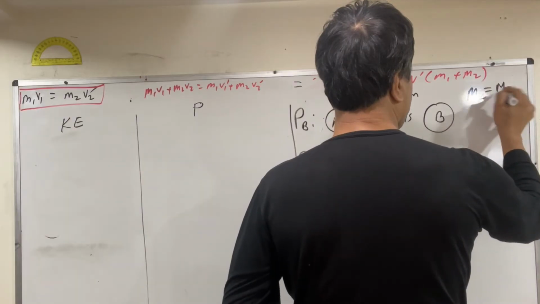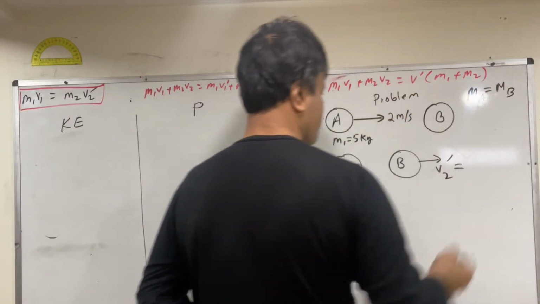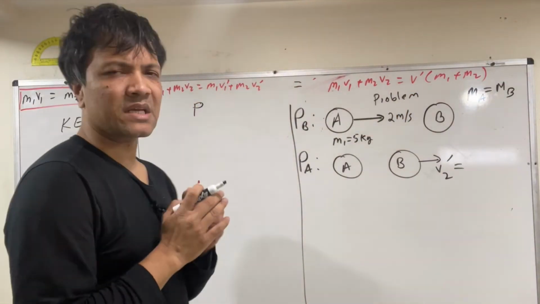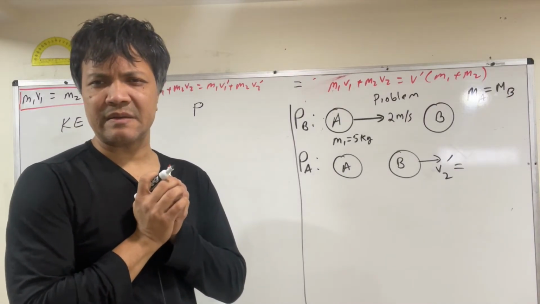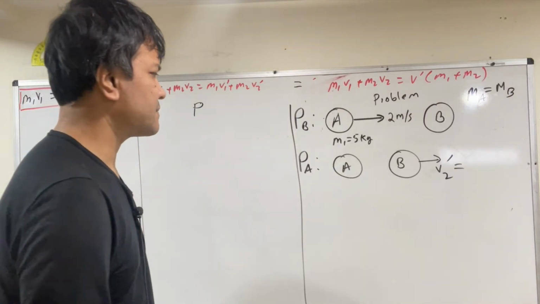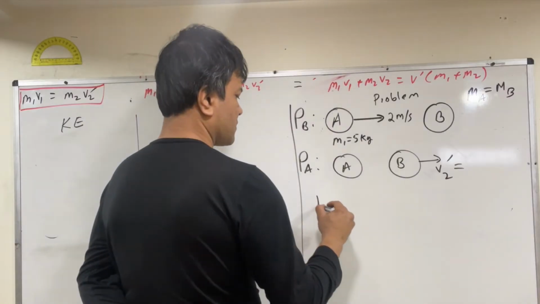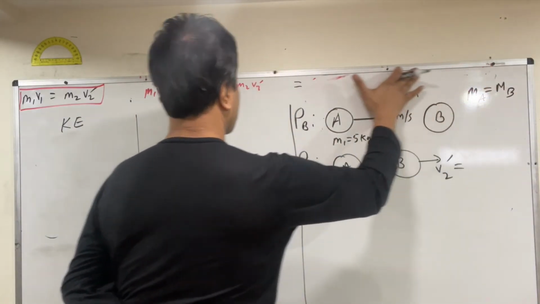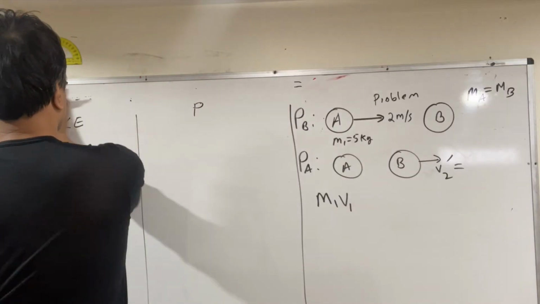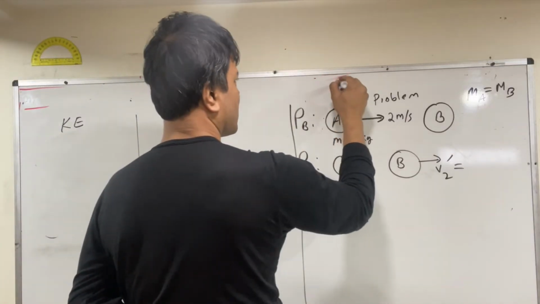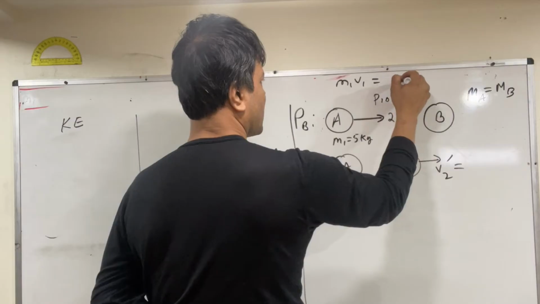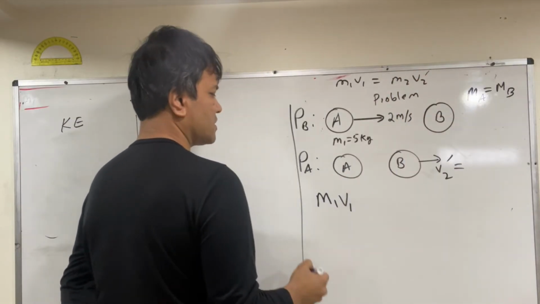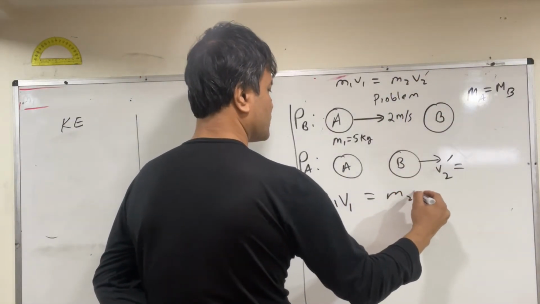Mass of ball A has to be equal to mass of ball B because it's a perfectly elastic collision. So again, you write m1 v1 equals m2 v2 prime.